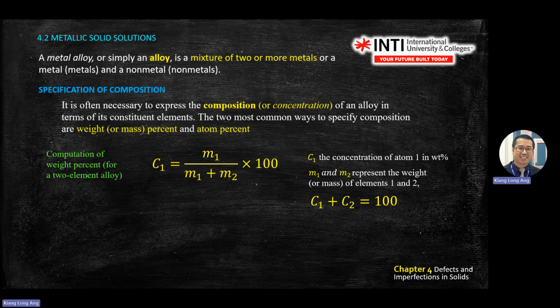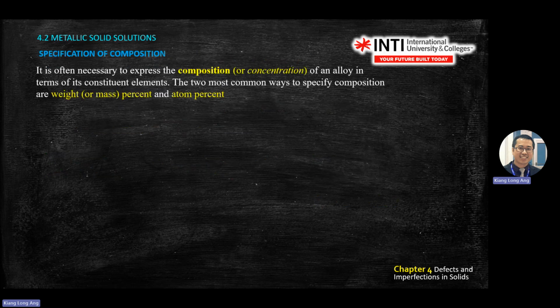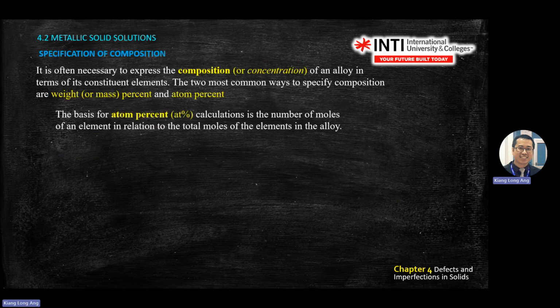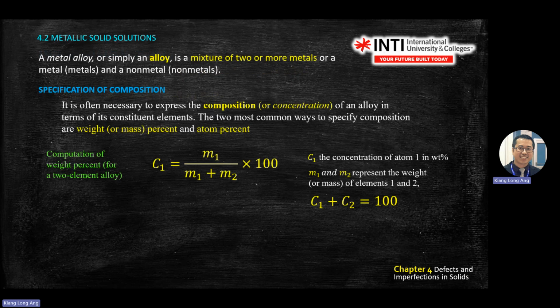Or 100 minus C1, or 1 minus C1. Because this one is 0.8, 1 minus 0.8 you get 0.2. Then multiply by 100, you get 20%. So this is the first equation for the mass.